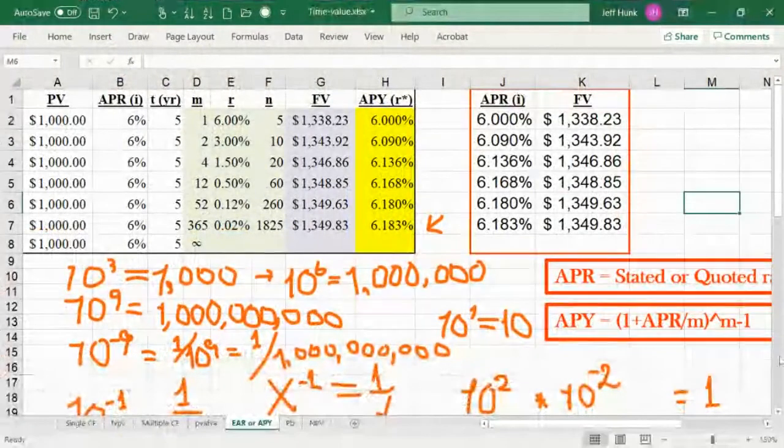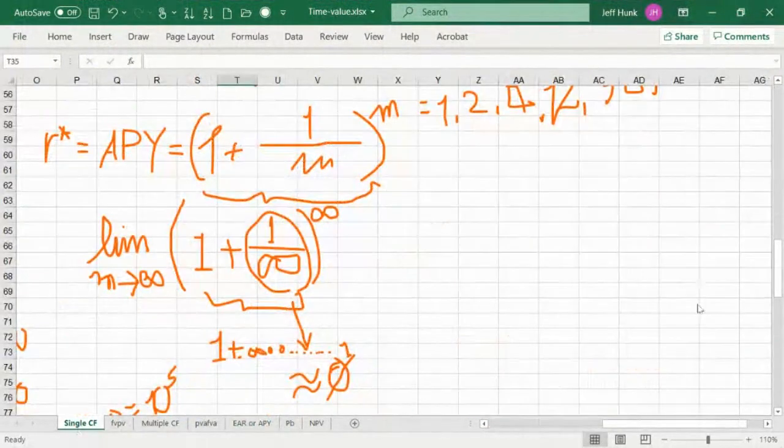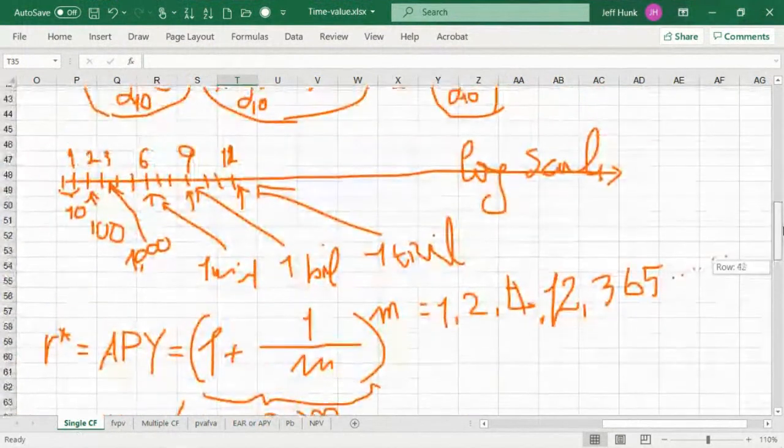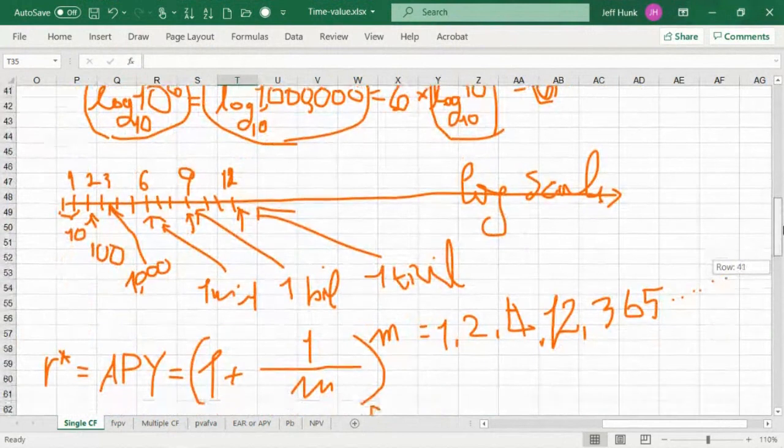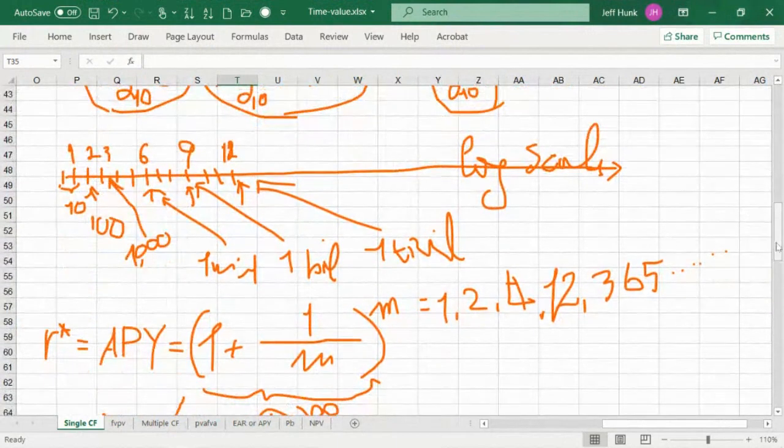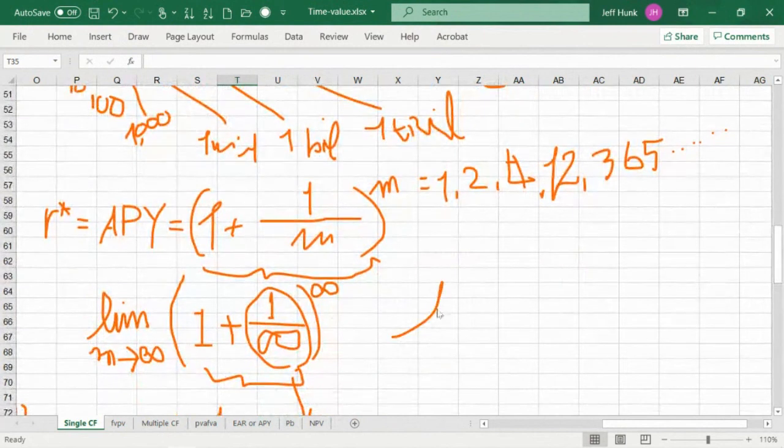Now, the reason that this is important is because Euler's number is important, is because it can be used as the base of log for any number. In other words, what did I say? We can take base 10 log, in other words, common log, of theoretically any number.